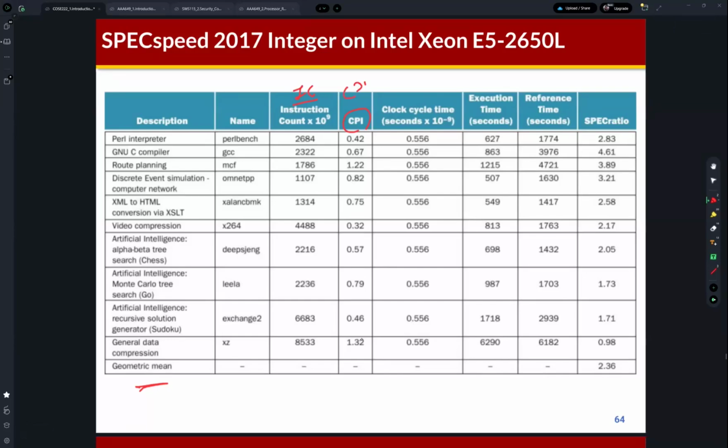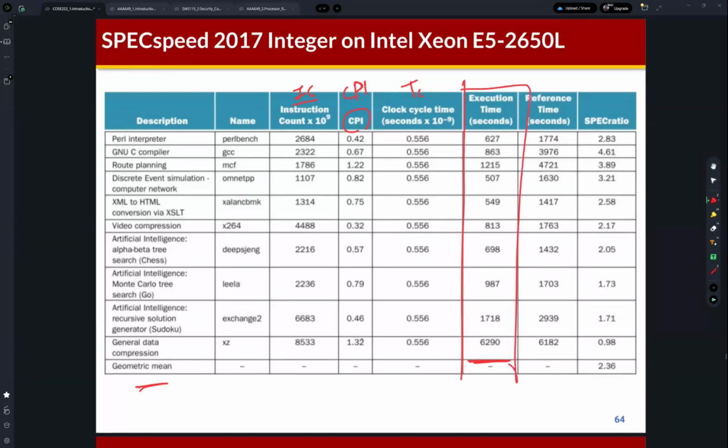The CPI, and clock cycle time, what is this? It's TC. Okay, so actually in this table you can find the information for measuring the CPU execution time. So you can calculate the execution time here.